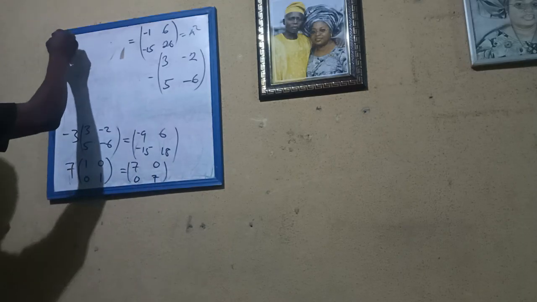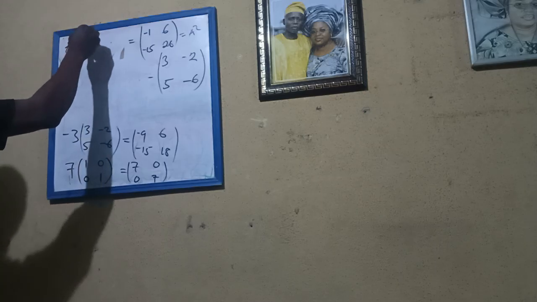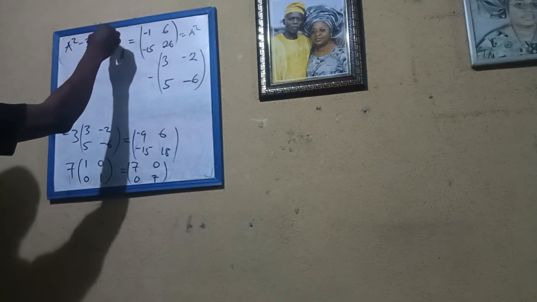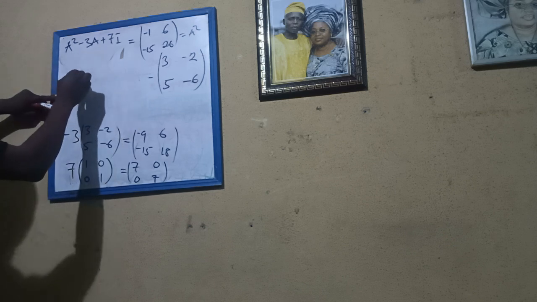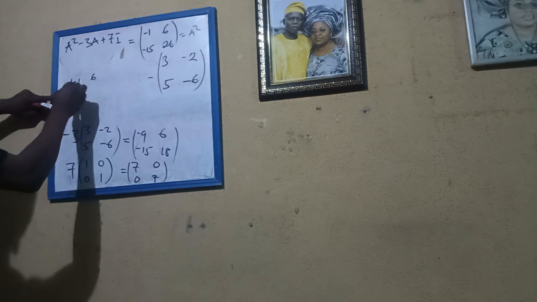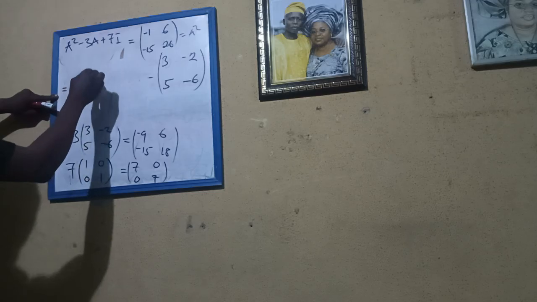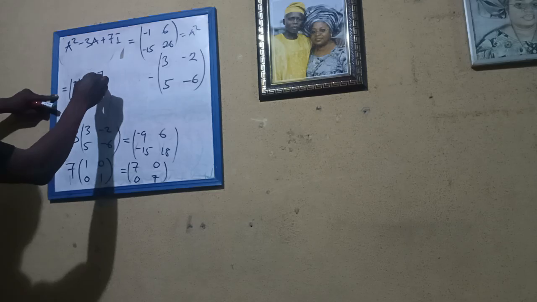So now a squared minus 3a plus 7i will be equal to, look at it, a squared is minus 1, 6, minus 15, 26, minus 3a. Minus 3a is given as what? That's going to be plus now, because we have finished it.